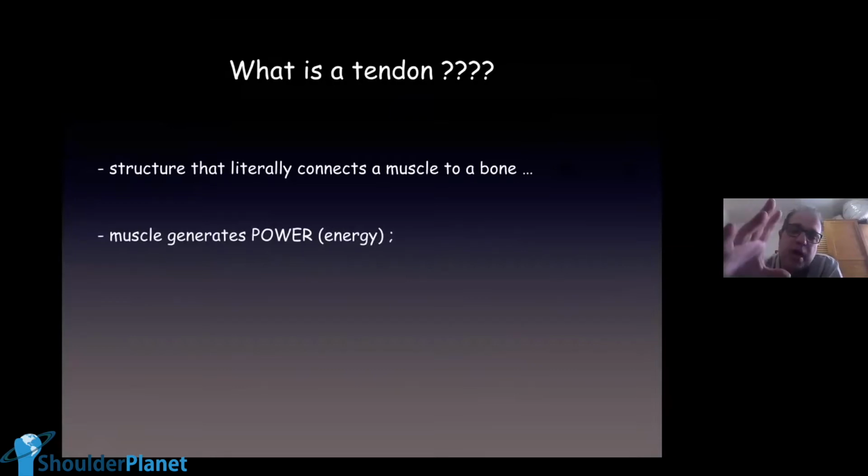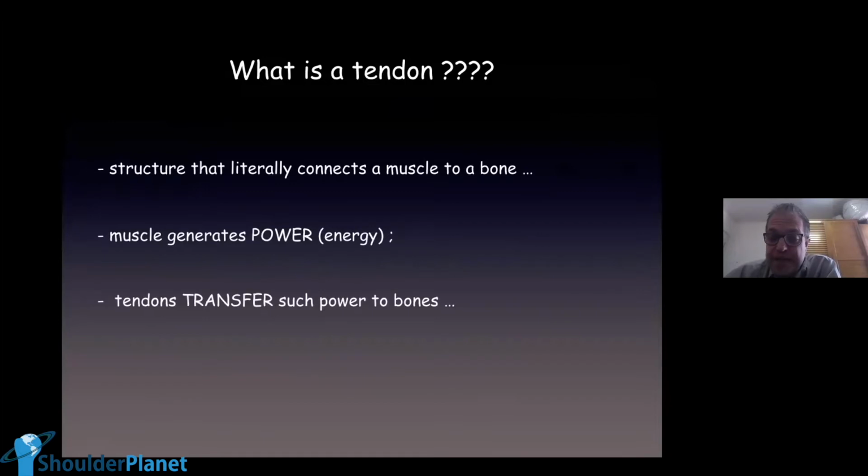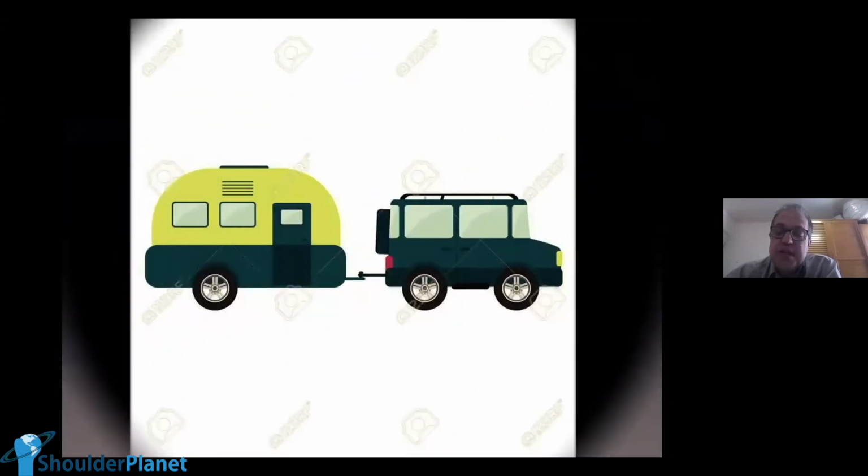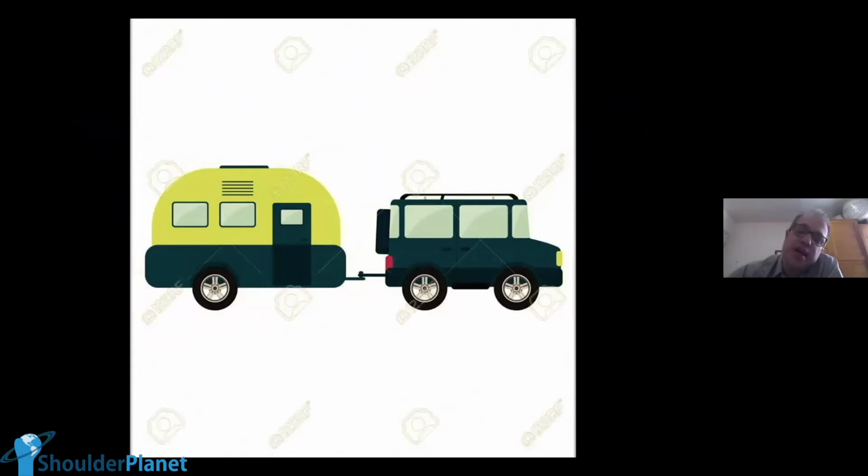The muscle is the one that generates power, that generates strength. And the tendon is the structure, as I'm going to show you, that transfers such power to bones. And finally, with bones, we can have our movements. So this is the easiest way to understand what a tendon is.